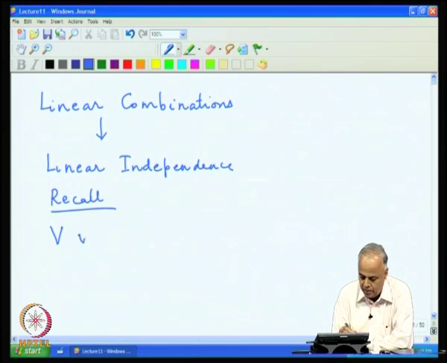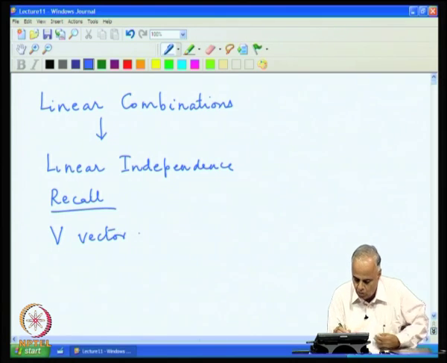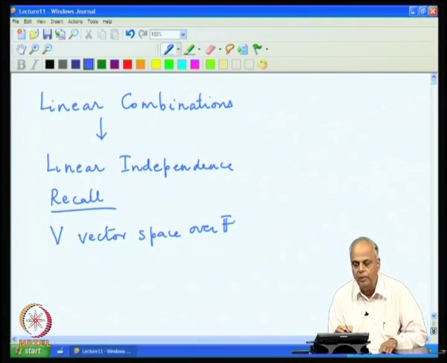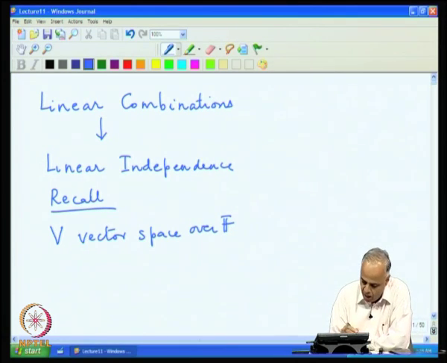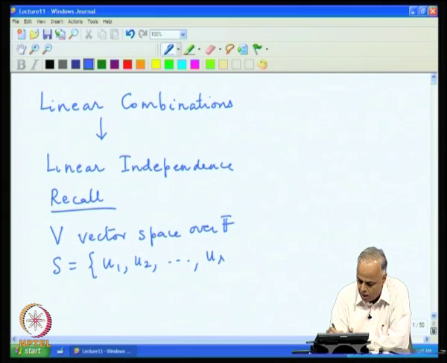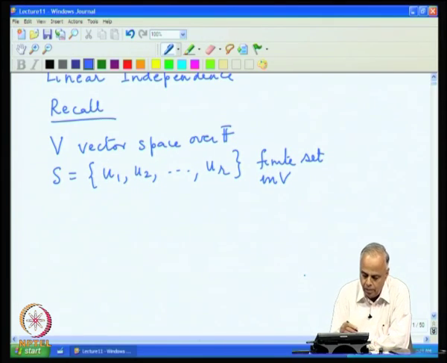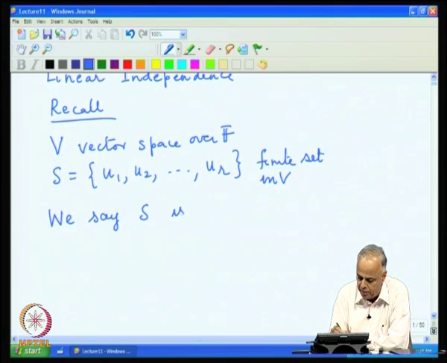Suppose V is a vector space over F. F can be any field. So, suppose V is a vector space over F and we have a finite set S = {u1, u2, ..., ur} in V. Then we say S is linearly independent.